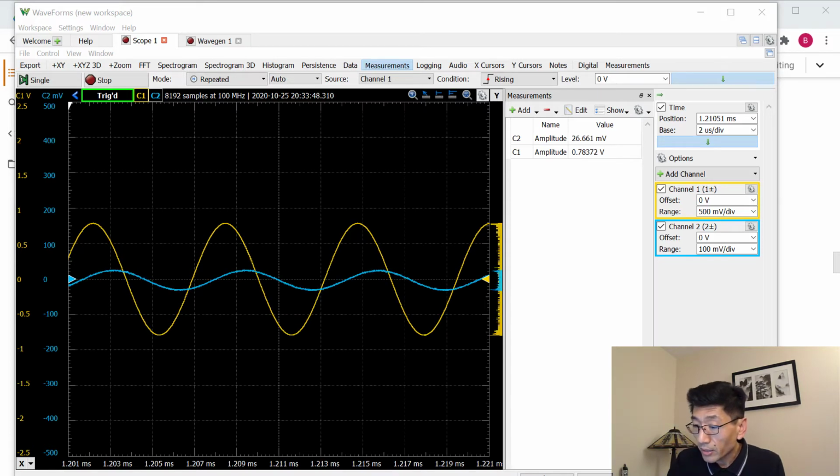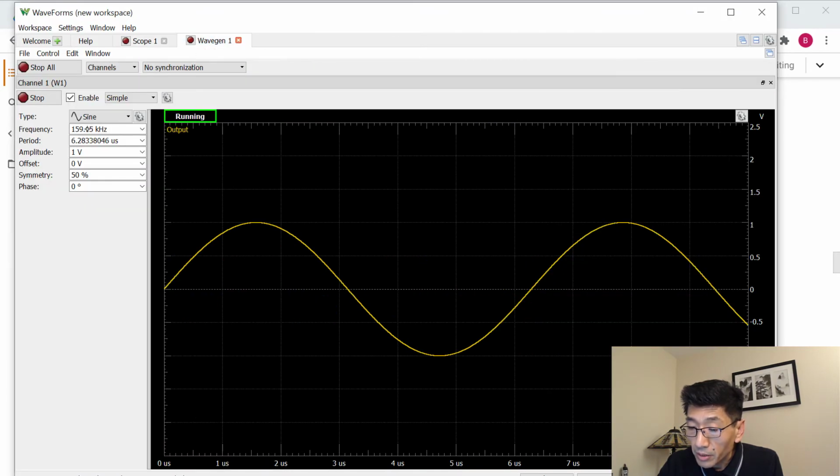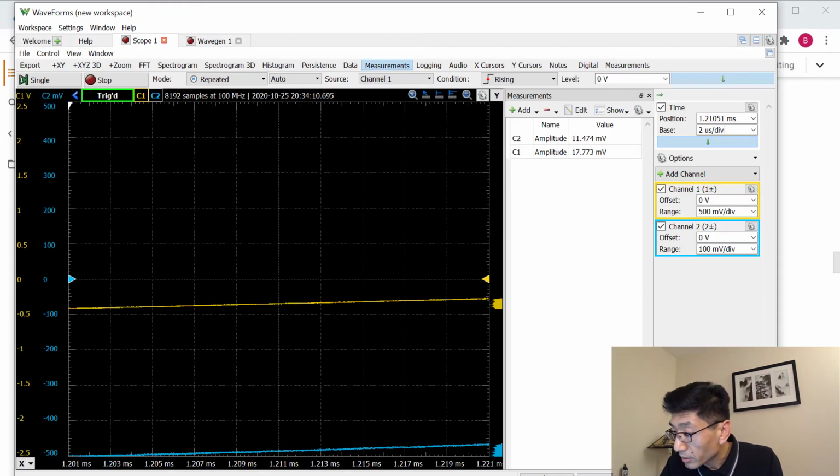And let's look at a lower frequency. Let's go to the wave generator and change this to 1.59 hertz. That corresponds to 10 k radian per second. Let's go to the scope, and I need to change the scale 100 times bigger.